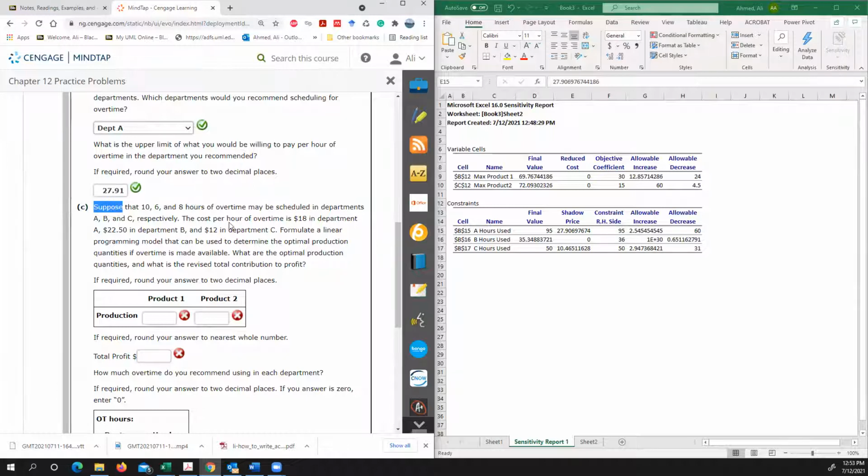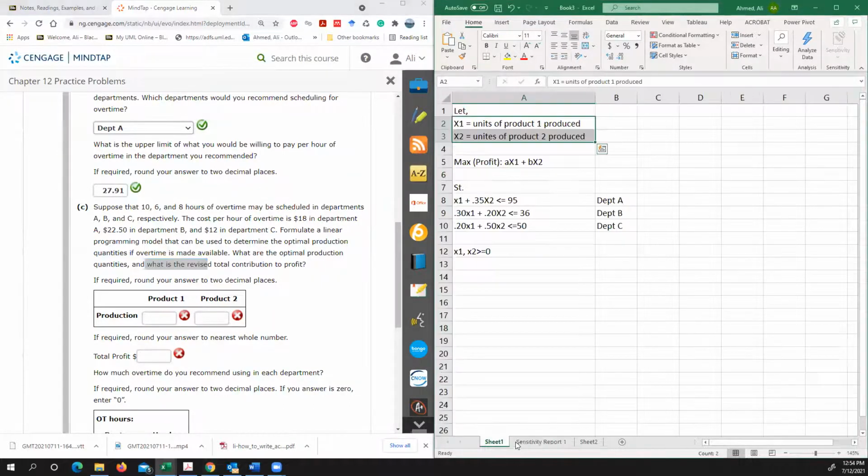And the cost per hour of overtime is $18 in department A, 22.50 in department B, and 12.12 in department C. Formulate a linear programming model that can be used to determine the optimal production quantities if overtime is made available. What are the optimal production quantities, and what is the revised total contribution to profit?